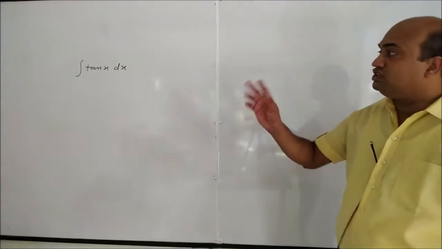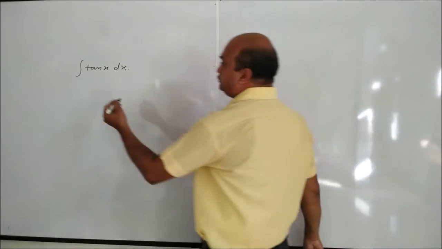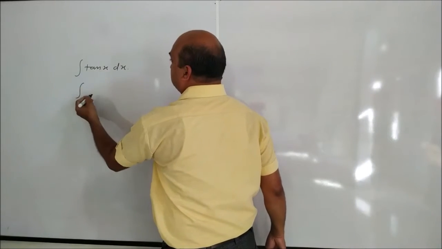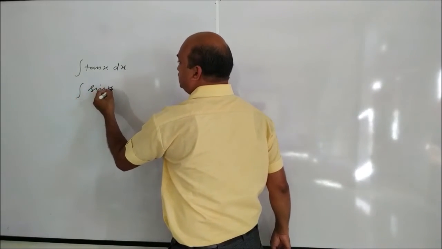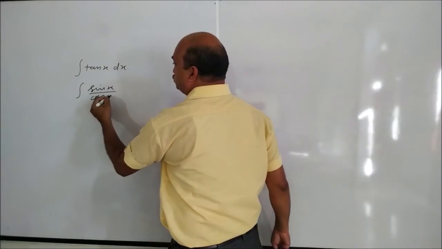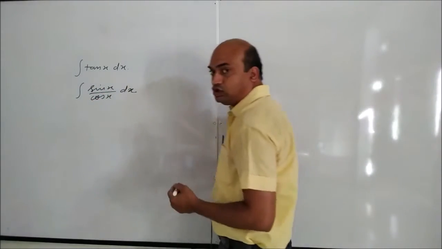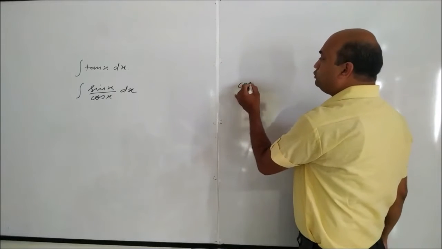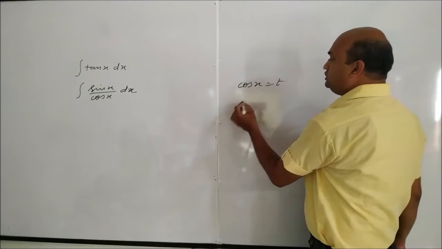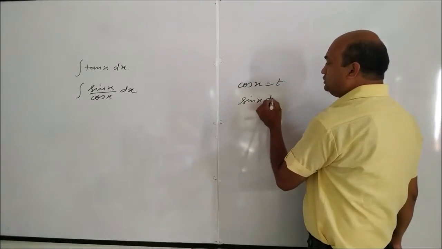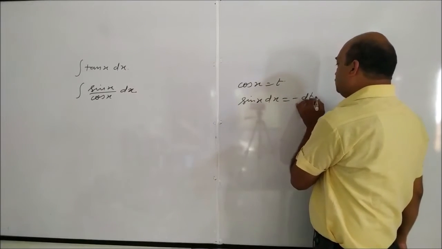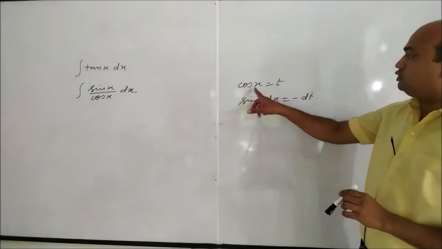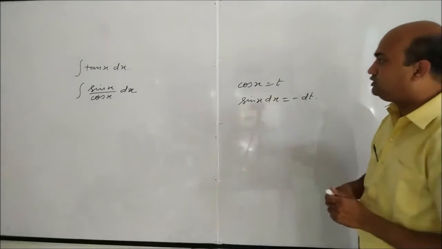Question is integration tan x dx. You see, to integrate tan x, we write this tan x is sin x upon cos x dx. Okay. Now what we do? We put cos x is t. Then we will get sin x dx is minus dt, because integration of cos x is minus sin x, minus we shift here.